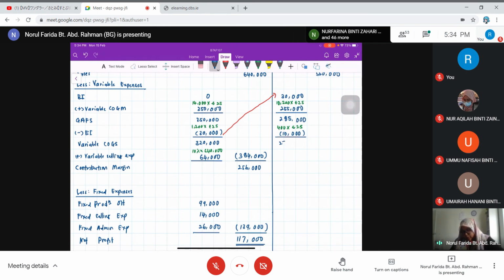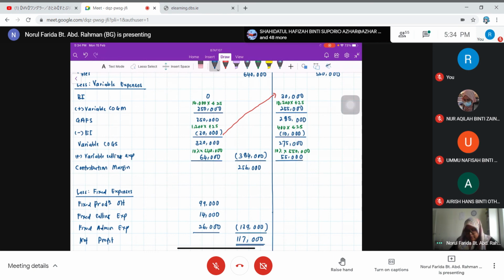So you akan dapat 275. 275,000 plus dengan variable selling tu tadi adalah 10% of your sales value. So 10% daripada sales value kita adalah 550, 55,000.